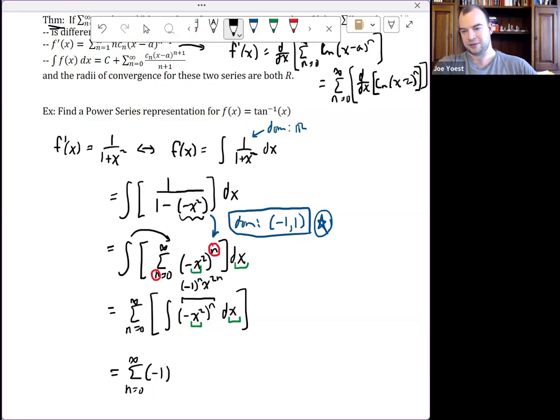That just comes out of the integral. The x to the power 2n, how do I integrate that? This looks complicated, but it's just a power function. We add 1 to the power, we divide by the new power. And that is my summation.